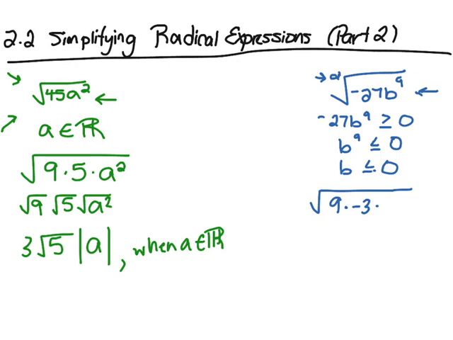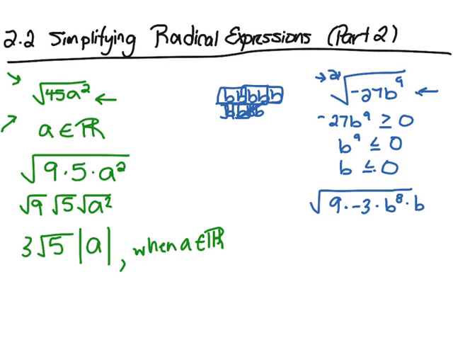Now, b to the power of 9, because we have an index of 2, we want to find the highest number divisible by 2 that goes into 9. How many groups of 2 can you make with 9? The biggest is 8, because you can use 8 of the 9. So it's the nearest even number. So we have b to the 8 with 1 b left over.